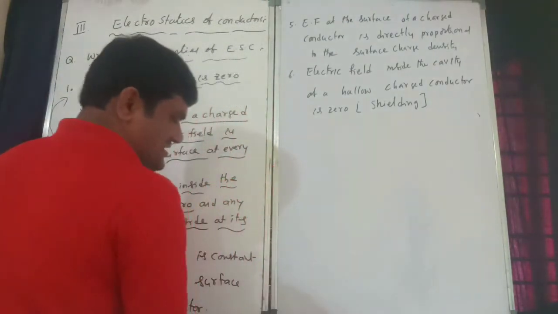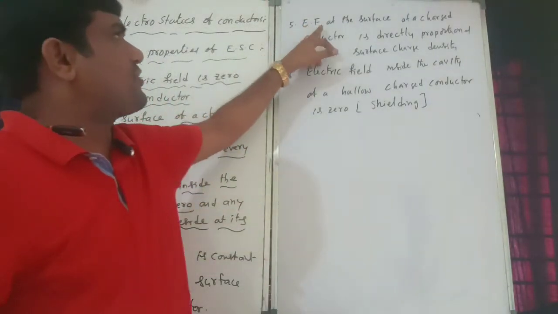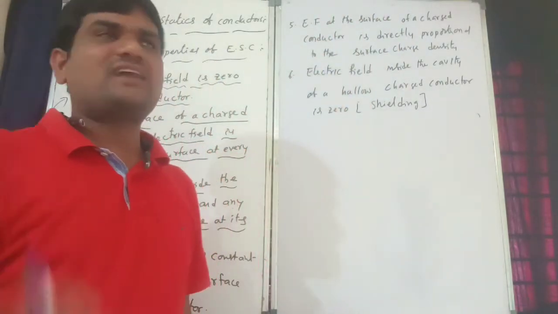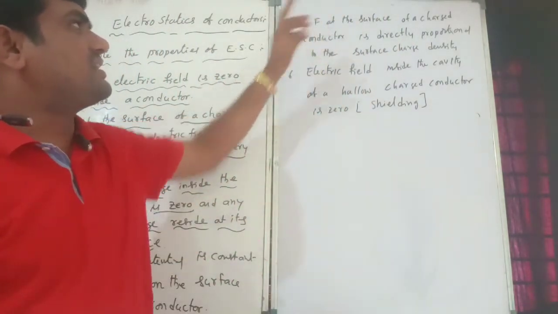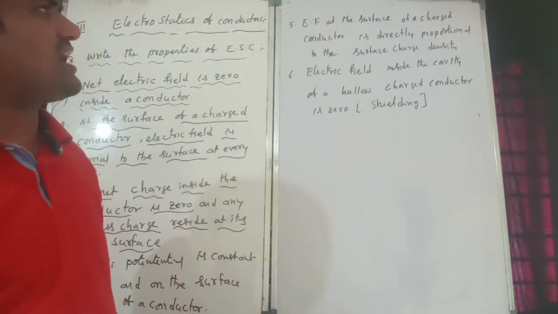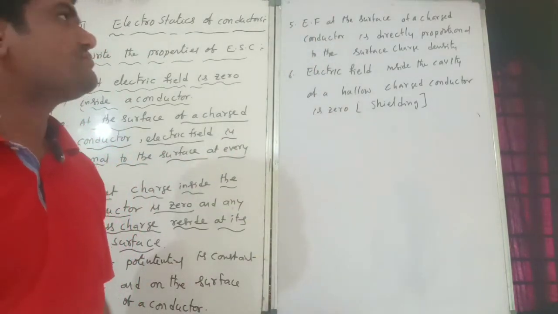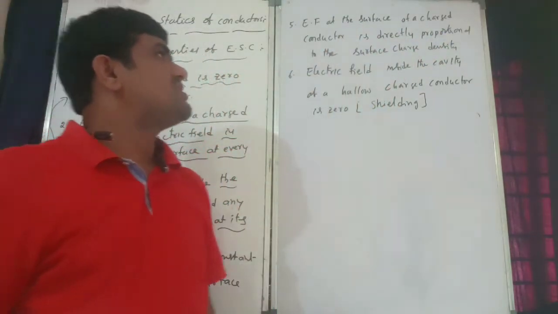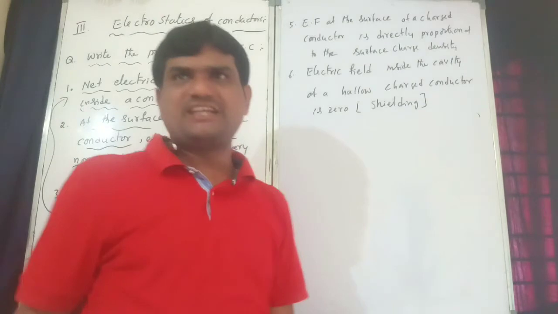Next, fifth point. What is the fifth point? The electric field at the surface of a charged conductor is directly proportional to the surface charge density.